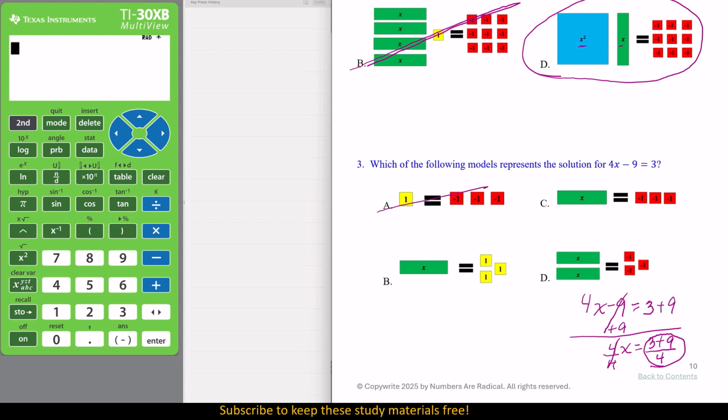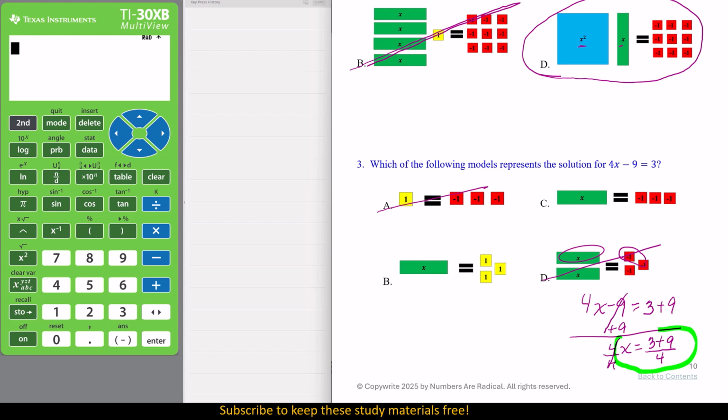Okay, and then let's look at B and C. D, that's invalid. That's not a solution. That's still an equation. It hasn't narrowed it down to only one of these, which would be 1.5 of the negative. So no, I'm not going to buy that. Now we're down to B and C. Well, I see an issue already. I've gone through this process, and this expression here, let me make this a little clearer.